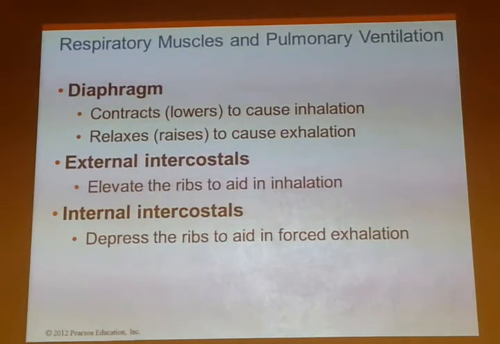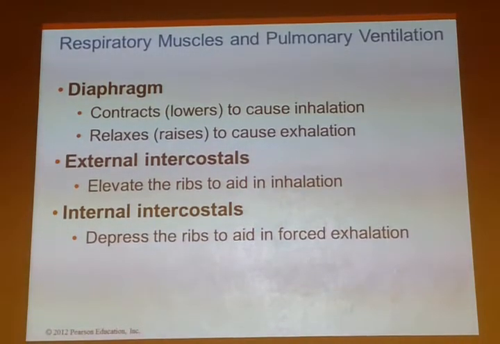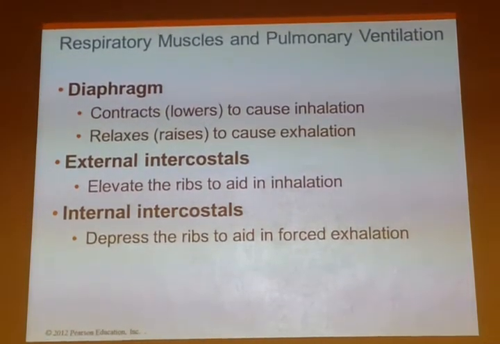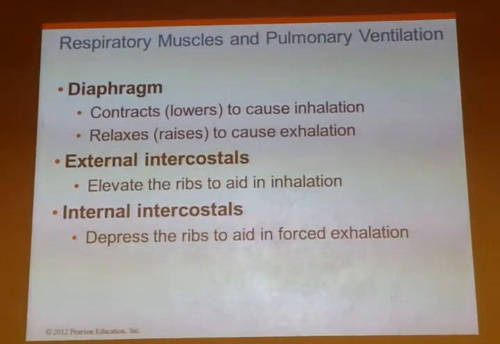If you need to force air in and out during exercise, you're going to start to use neck muscles that are attached to the ribs, but usually are involved in stabilization of the scapula. So you've got your serratus anterior, pectoralis minor, sternocleidomastoid, those things that can help you inhale.